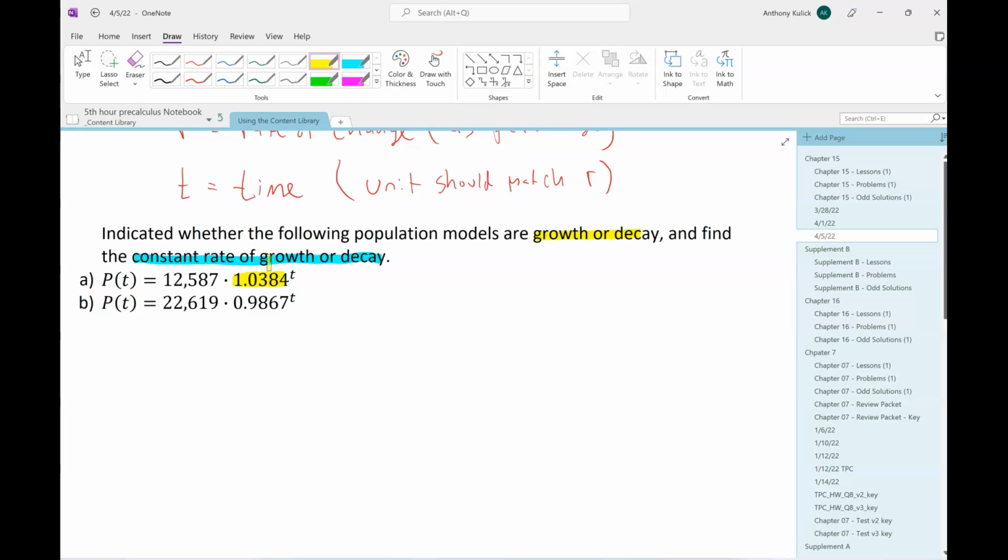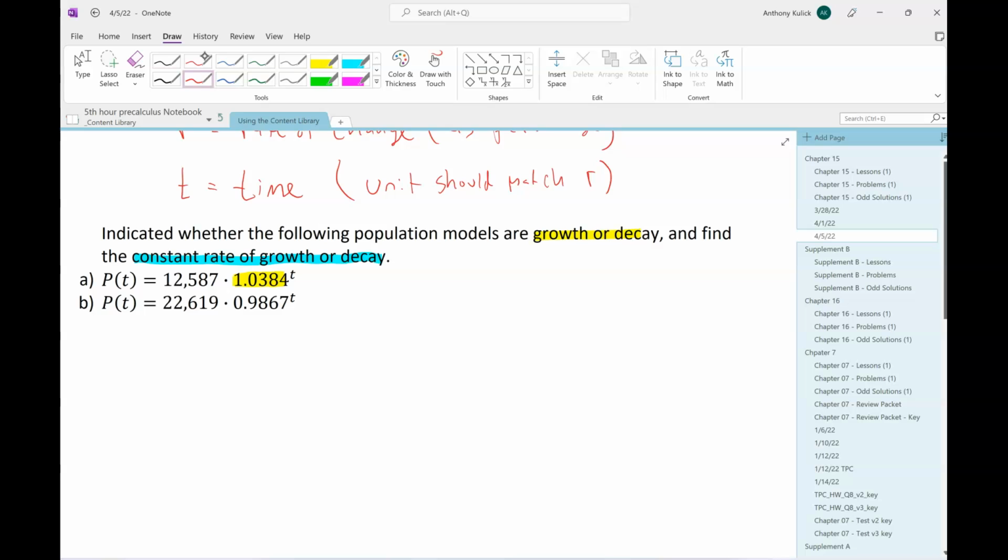So remind me again, what is the criteria for telling if this is growth or decay? This was something we talked about in the previous section. Super important to remember. B is greater than 1.